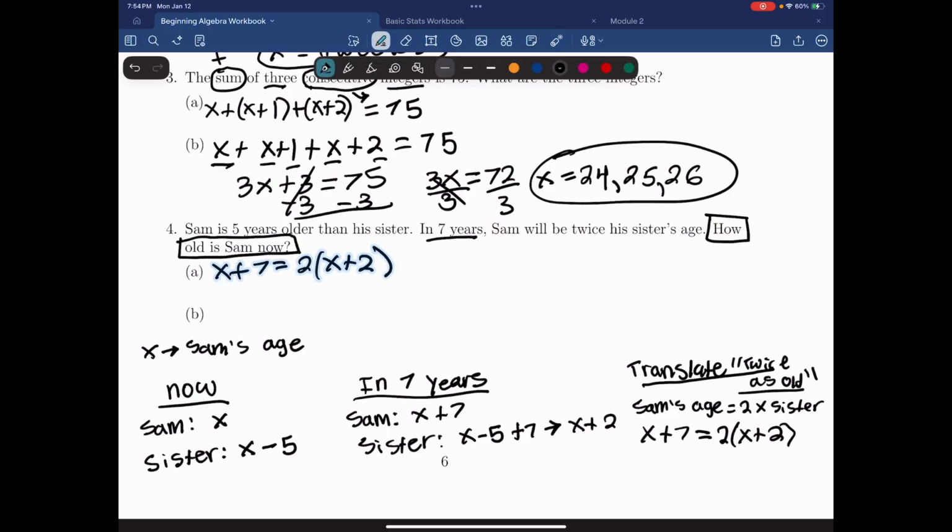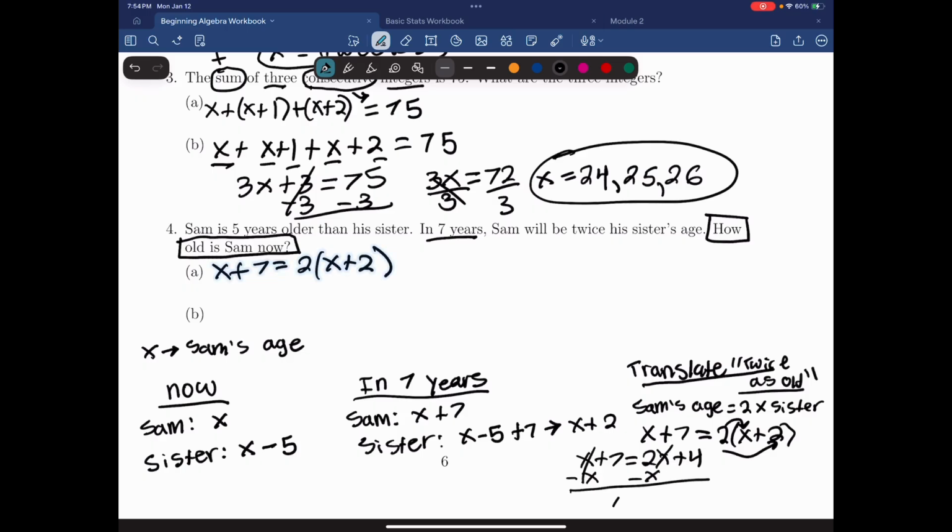So all we have to do now is solve for x. So I'm going to do that down here. I'm going to distribute in this 2. So that'll get us x plus 7 equals 2x plus 4. And then now I'm going to subtract x on both sides.